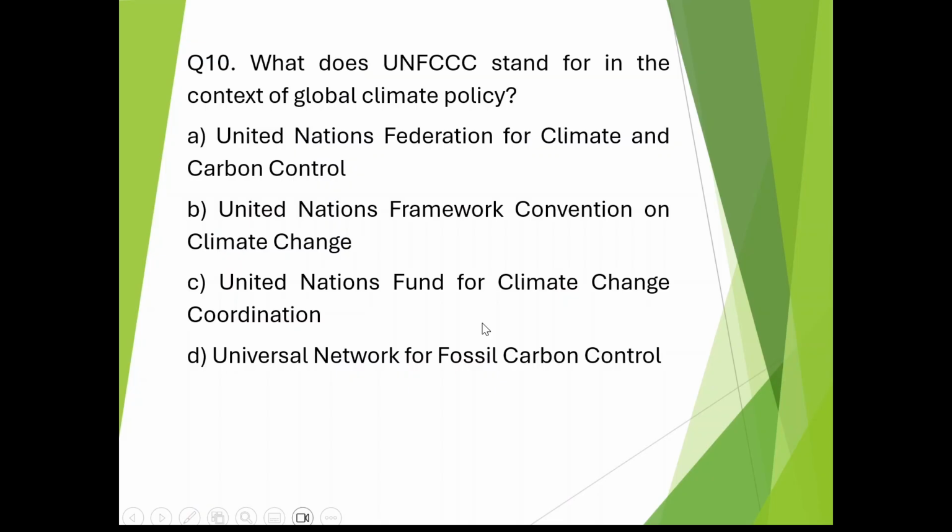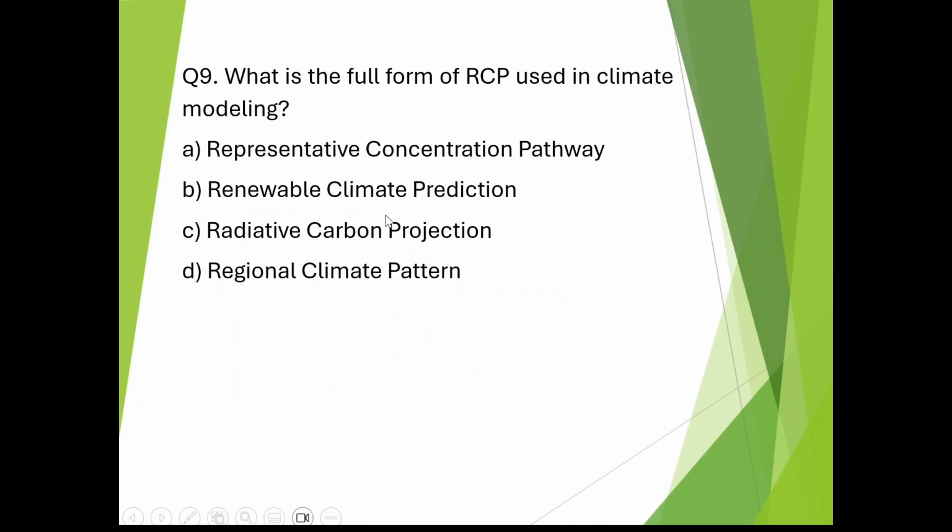So most of you are saying that it is representative concentration pathway. Yes, both of you are correct. This RCP that is used in climate modeling, it is option A, which means representative concentration pathway.